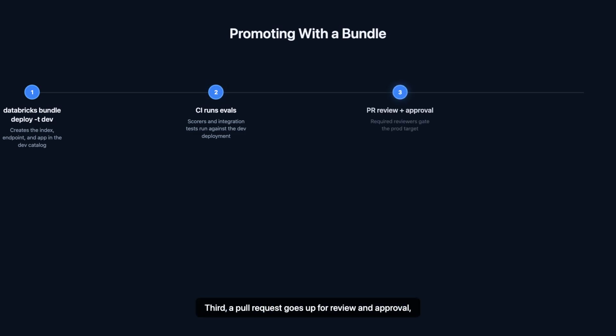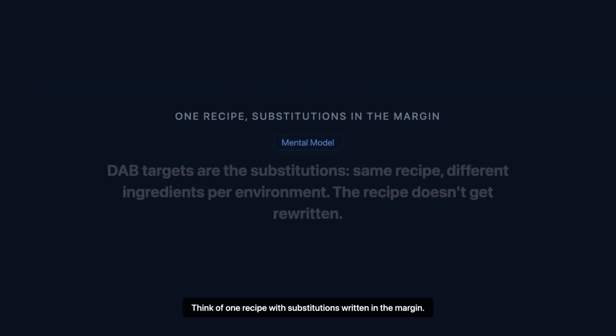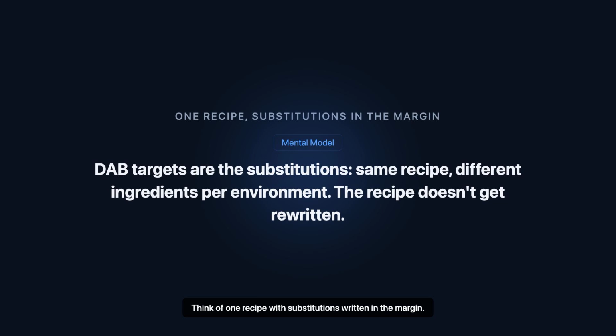Third, a pull request goes up for review and approval, with required reviewers gating the prod target. And fourth, databricks bundle deploy with target prod: same topology, prod catalog, prod service principal, no clicks in the UI, no drift between environments.